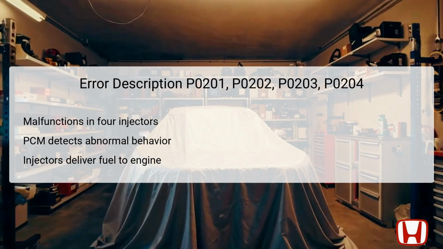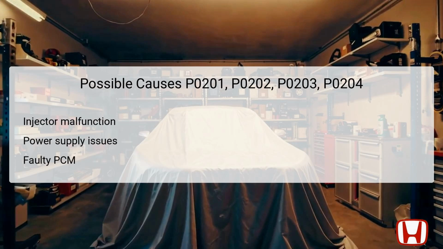This can lead to rough engine performance or misfiring, which is detrimental to vehicle operation. The injectors are located in the engine bay, typically mounted on the intake manifold, making them accessible for inspection or replacement if necessary.